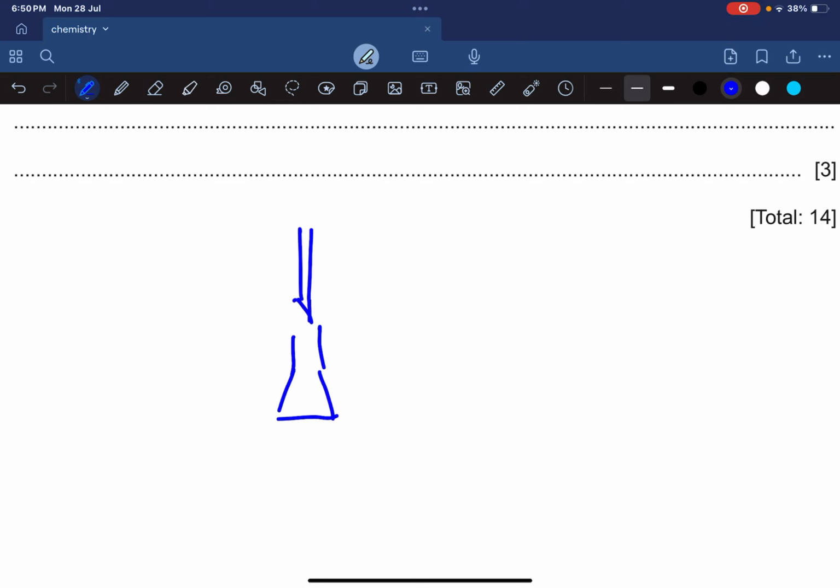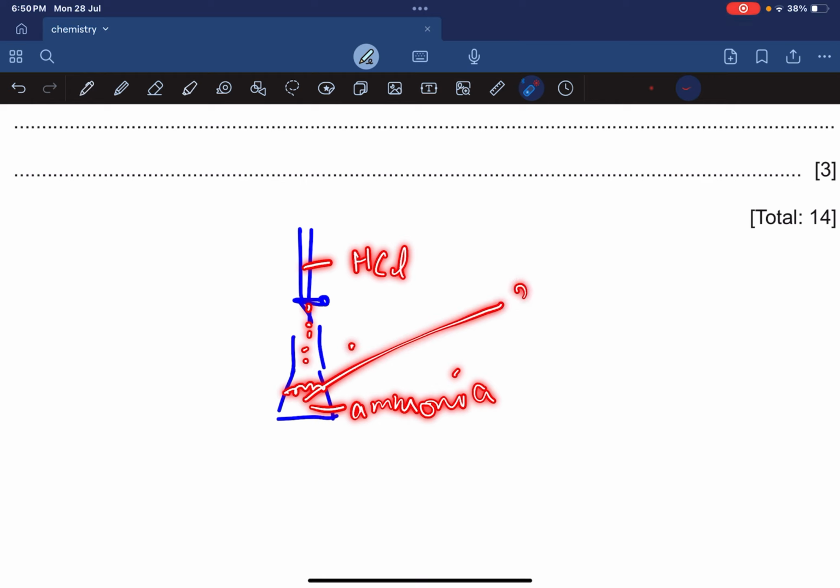You take one liquid, say ammonia, in your conical flask, and you take your HCl in your burette, and then you add HCl drop by drop into it, and you also add 2 to 3 drops of indicator. You can use any kind of indicator, for example litmus, or methyl orange, or phenolphthalein, or bromothymol blue, whatever, methyl orange.